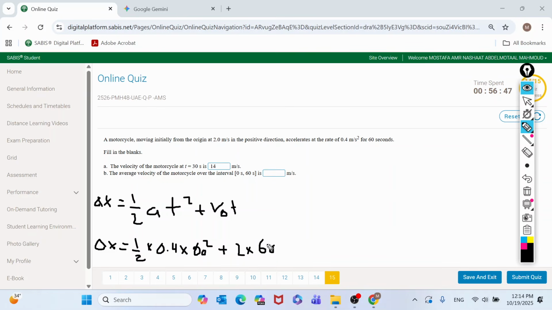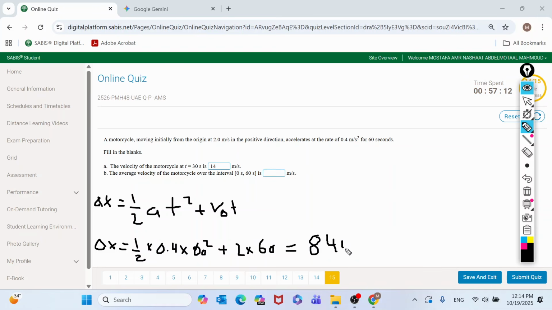Put it on the calculator: 1 over 2 times 0.4 times 60 squared plus 2 times 60. You're going to get 840.